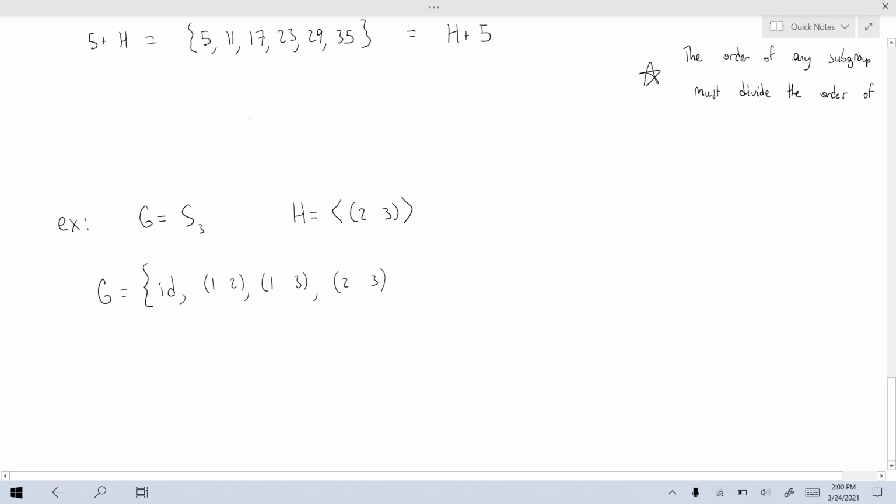Those are all of the possible transpositions in S3. And then we also have some 3-cycles, so we could have 1 maps to 2, and 2 maps to 3, and 3 maps back to 1. And then instead of mapping 1 to 2, we could map 1 to 3 instead, and then have 3 map to 2, and then 2 back to 1.